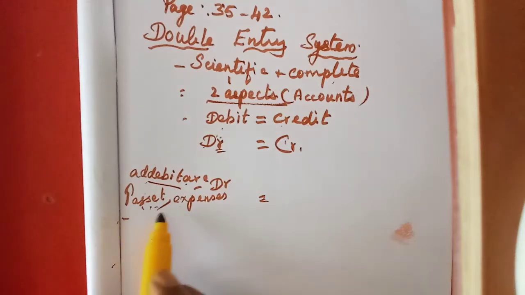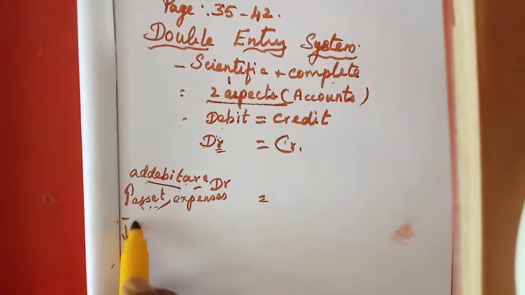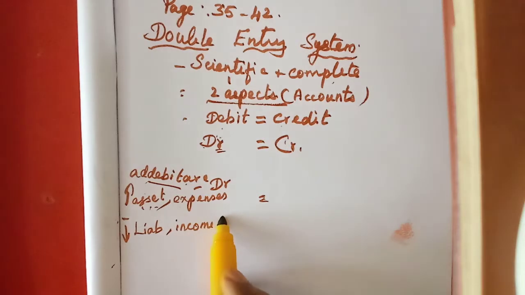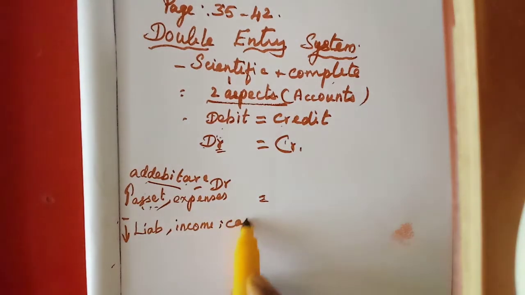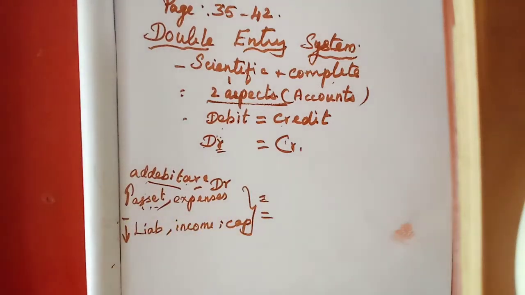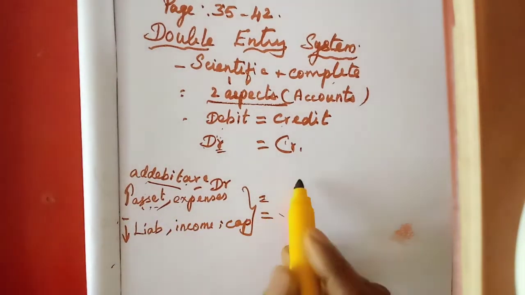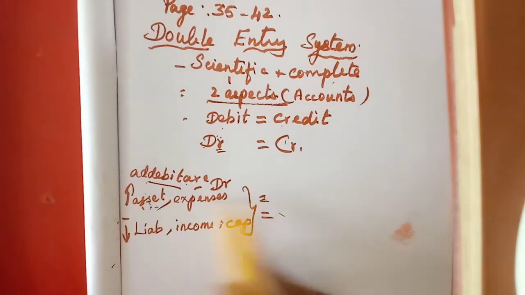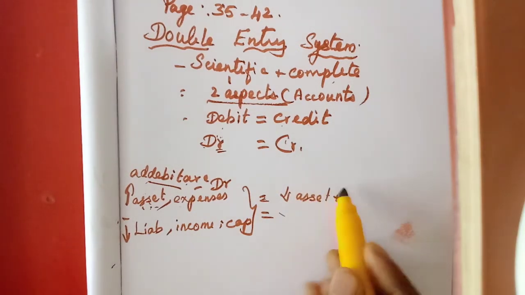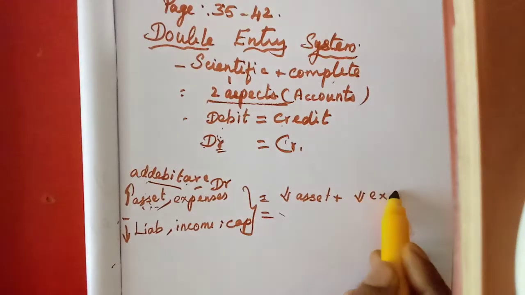Also, any decrease in liability, any decrease in income or any decrease in capital, all these are debits. The opposite will be credit: any decrease in asset or any decrease in expenses.